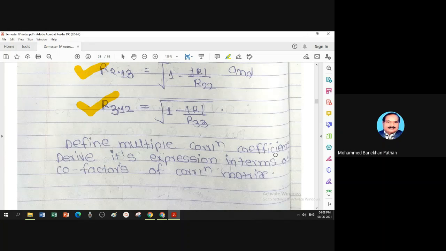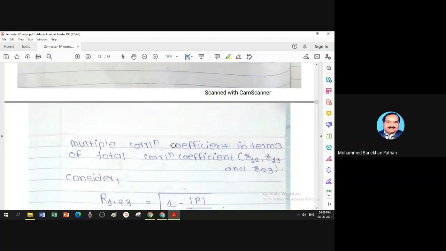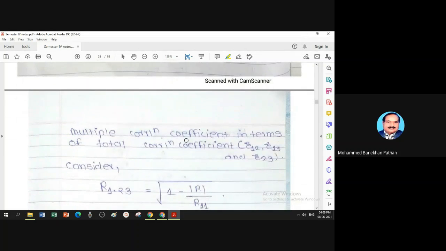Define the multiple correlation coefficient and derive its expression in terms of cofactors and the correlation matrix. This is the cofactor of the correlation matrix and this is the determinant of the correlation matrix.